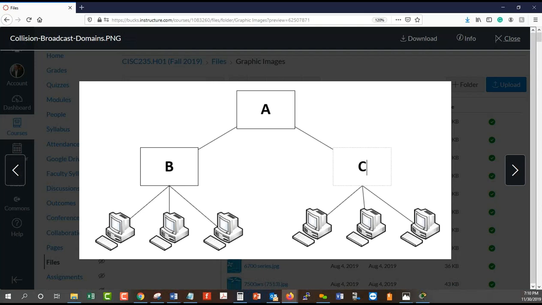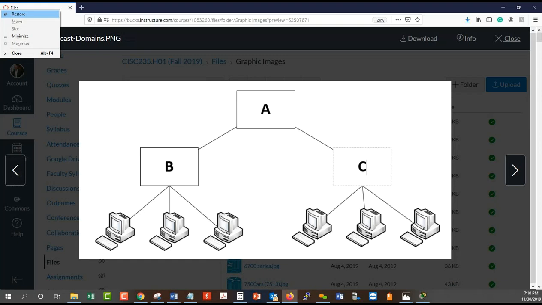So there are 2 broadcast domains because routers break up broadcast domains, and A is a router and it has 2 connections. Therefore, there are 2 broadcast domains. And there are 8 collision domains. So you count the 3 PCs over here plus the 3 PCs on the right, that gives you 6, plus 1 and 2 right here. So that gives us 8 collision domains.